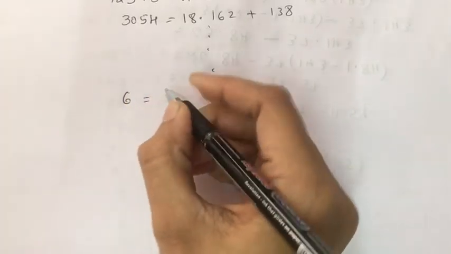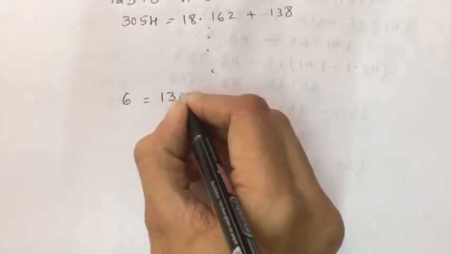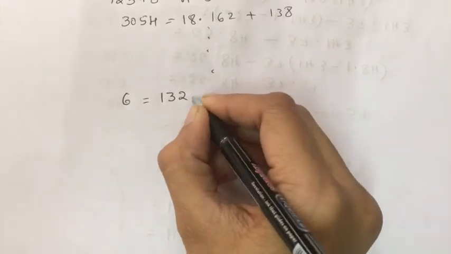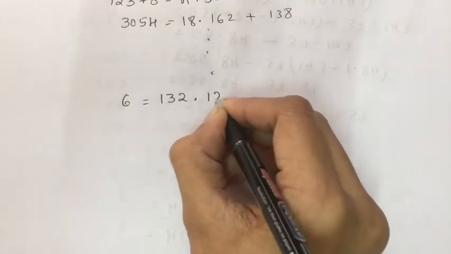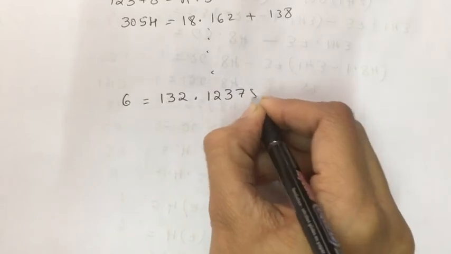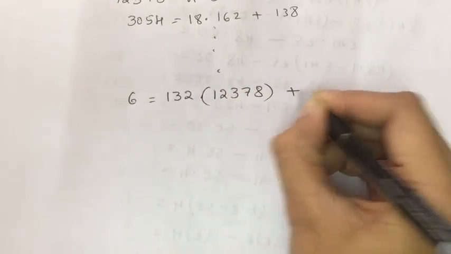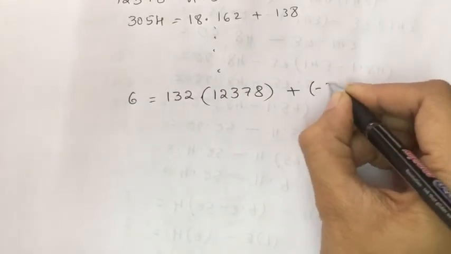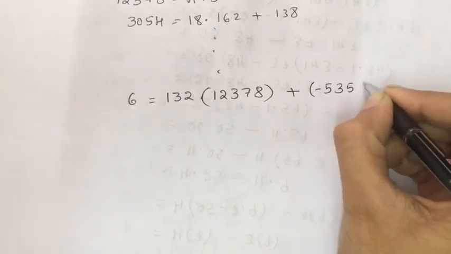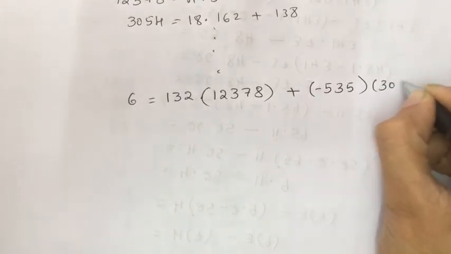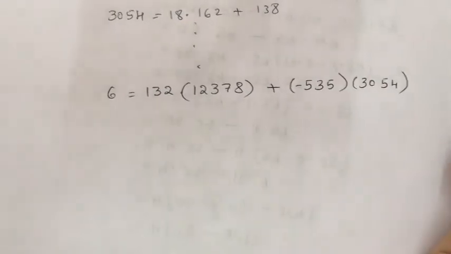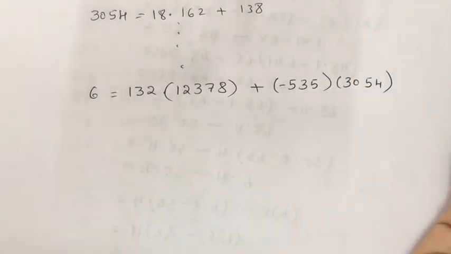6 as 132 into 12,378 plus 535 into 3054. Please try by yourself.